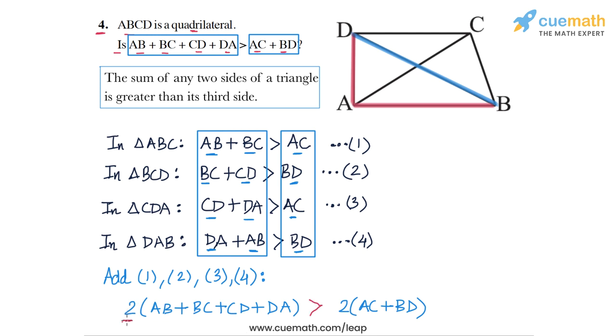So we have this factor of 2 on both sides, so we can cancel that out, and what we now obtain is that the left side, which is the sum of the four sides, is greater than the right side, which is the sum of the two diagonals.